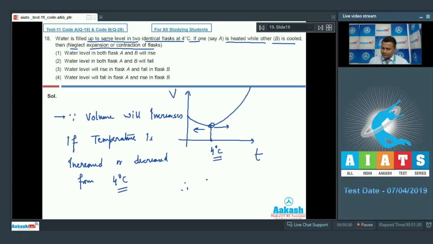So therefore volume in both flasks increases and level will also be increased.